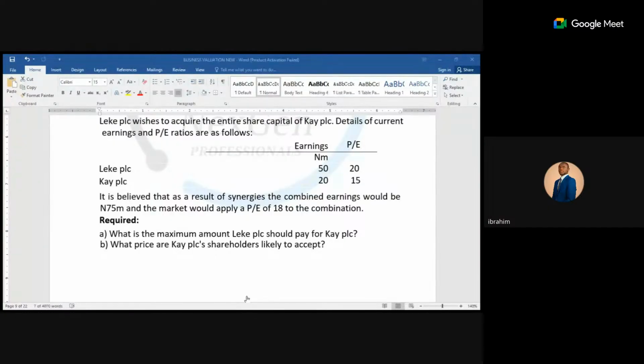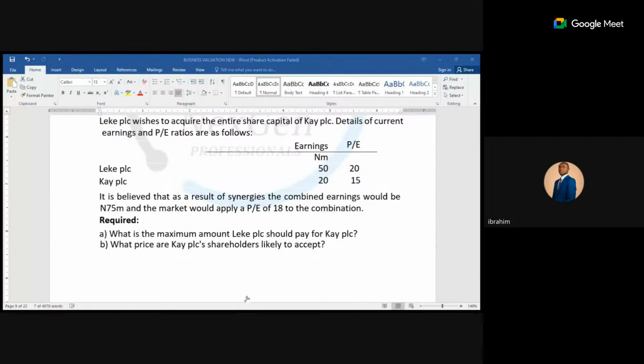Then when you look at it, this is for the combined company, so remove the value of Leke. When you remove it, it will give you the maximum amount at which the company will pay to acquire KPSC. That will be the maximum, right?